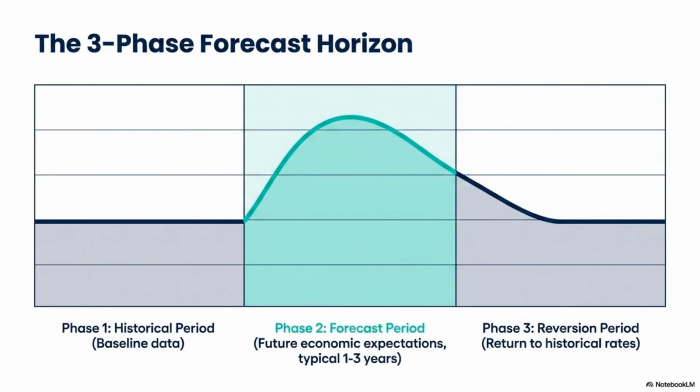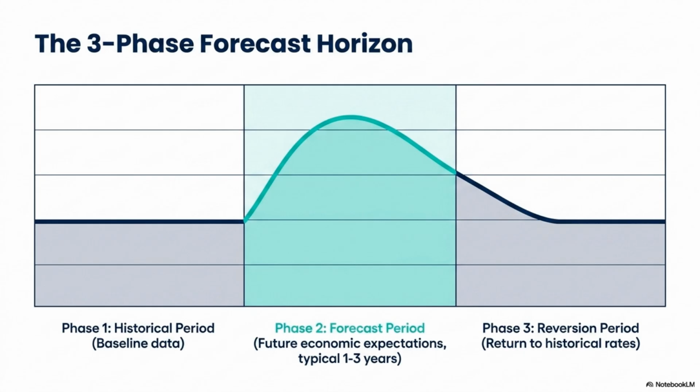CECL requires incorporating forward-looking economic forecasts, and this plays out across a three-phase forecast horizon. Phase 1 is the historical period, where you establish your baseline using 3 to 5 years of actual write-off and recovery data. Phase 2 is the forecast period, typically 1 to 3 years for most companies, where you adjust loss rates for expected future economic conditions using external consensus forecasts on GDP, unemployment, and credit spreads.